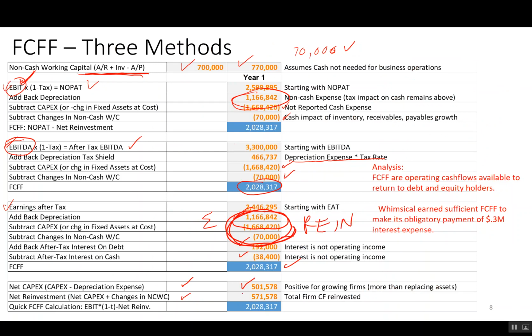In this case, the firm had to reinvest $571,000 of their NOPAT. So if I take my EBIT times 1 minus tax rate, my NOPAT, I could have just subtracted 571, which would have been my free cash flow. In other words, take your NOPAT minus your net reinvestment. That's one way of getting a quick number: how much did I put back into the firm this year?